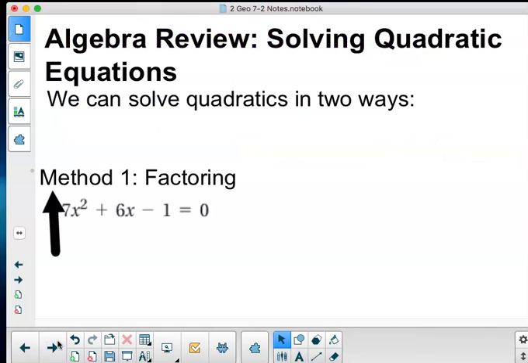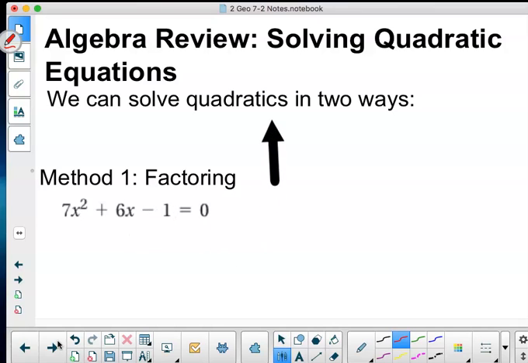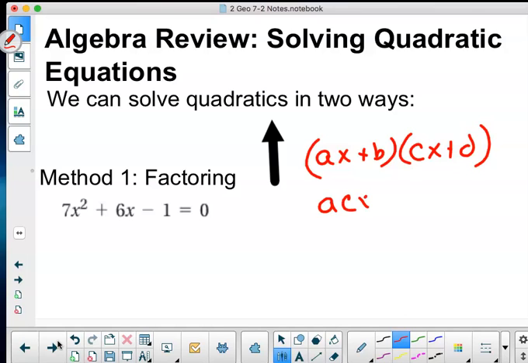Let's move on. We're looking at an algebra review: solving quadratic equations. We can solve quadratics in two ways. Method one, factoring. When factoring quadratics, remember we have (ax + b) times (cx + d). When we multiply these together, we get ac x squared, those are my firsts.